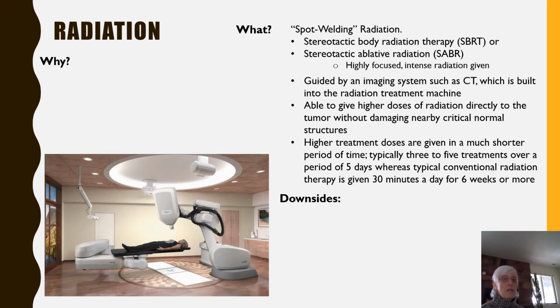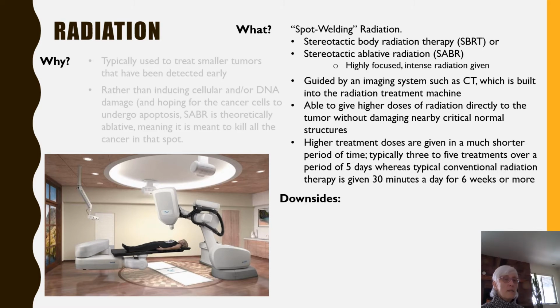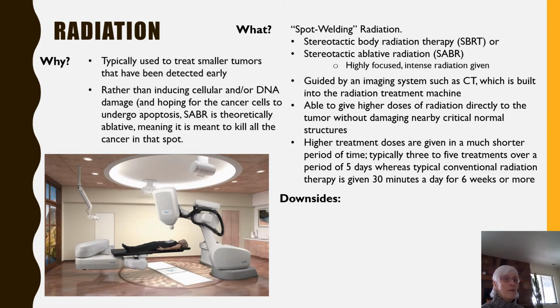The machine that is used in SABR is shown here, and it is radiation guided by CT. So a CAT scan will more accurately place the beam, and the beam is usually done at a higher dose of radiation, but usually for a shorter period of time. And the purpose is not to eventually kill the cells, but rather to kill the cells immediately.